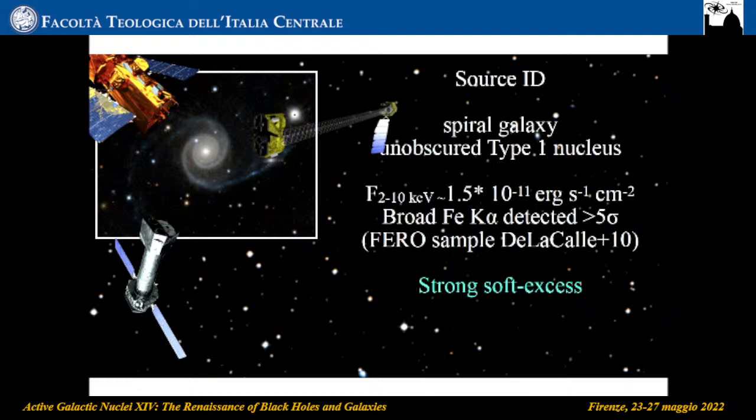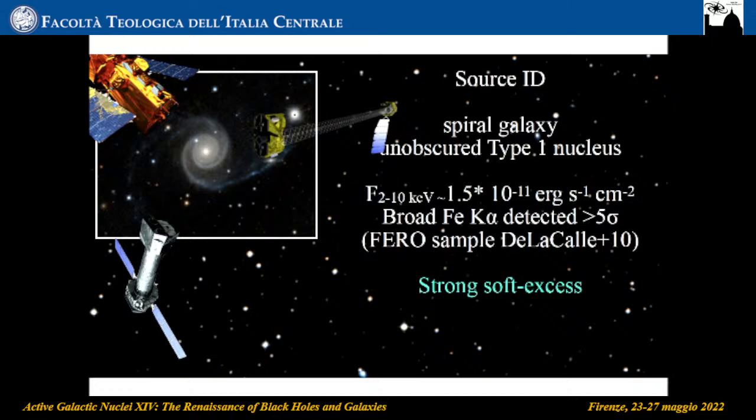conference finally. So today I will talk about the variability properties of a nearby AGN, a type 1 nucleus hosted in a spiral galaxy that from an X-ray perspective is quite bright. We have a flux of about 10^-11 in the 2 to 10 keV energy band. And this source was listed in the FERRO sample.